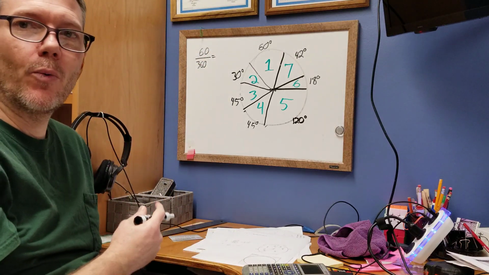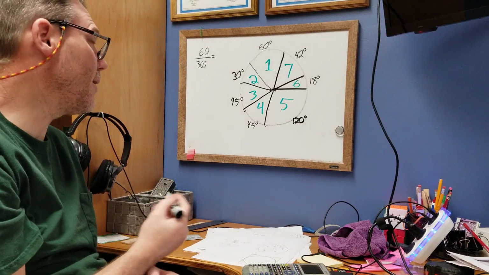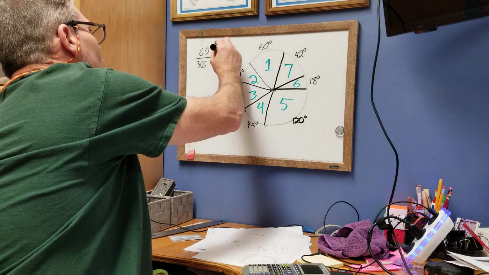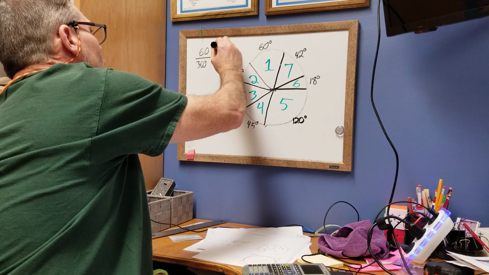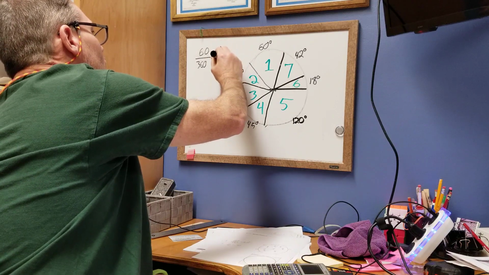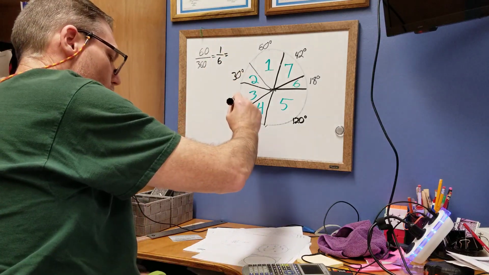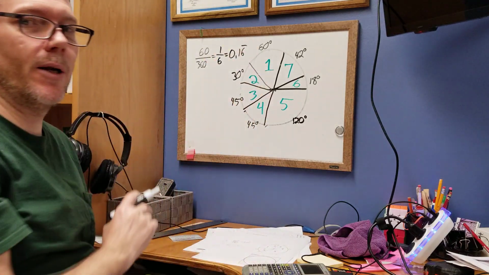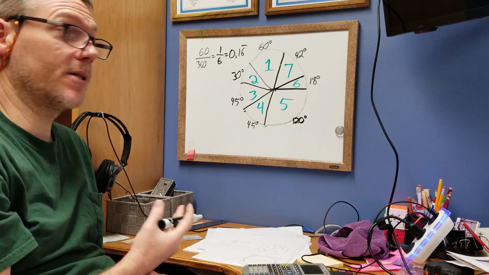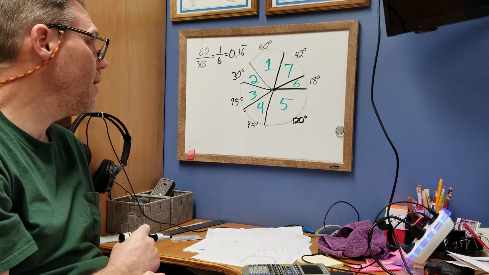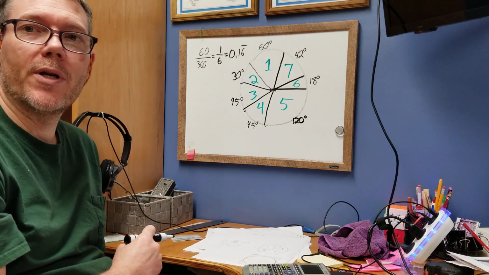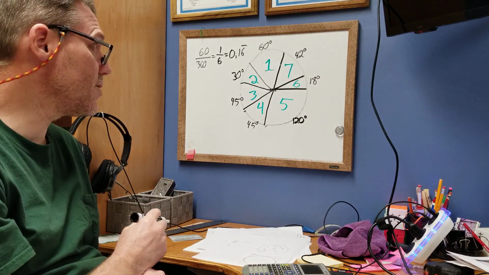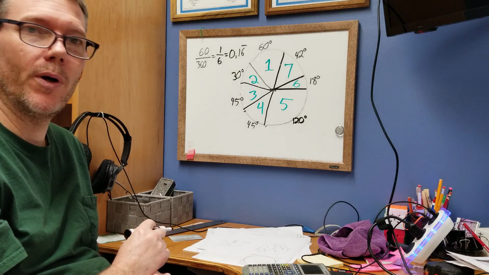So we want to figure what's the probability, and if we reduce this, we would end up with one out of 6 or 0.16 repeating. So as a percentage, it would be 16% or 17%. As a fraction, 1 in 6 chance. So the geometric probability is 1/6 or 0.16 repeating.